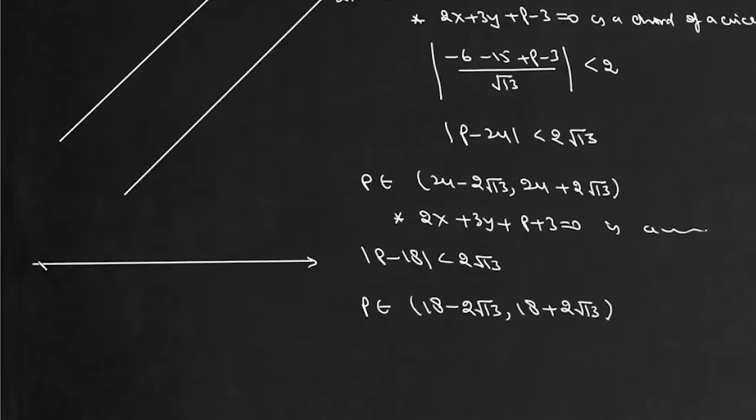Then first we have 18 minus 2 root 13, and then there will be 18 plus 2 root 13, and the second line will be a chord of this circle if the value of p lies between these two values.